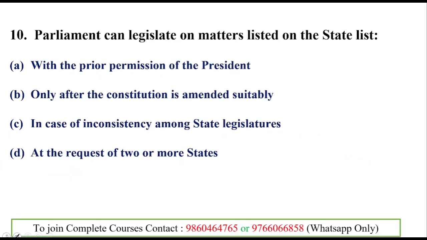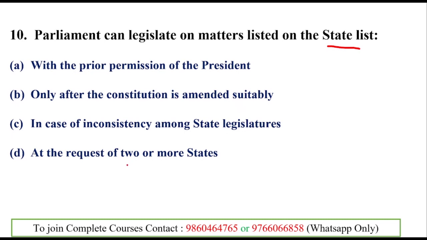Next one, Parliament can legislate on matters listed on the state list with which of the following conditions? We heard that Parliament has the power to legislate on matters in the state list, but with some conditions.